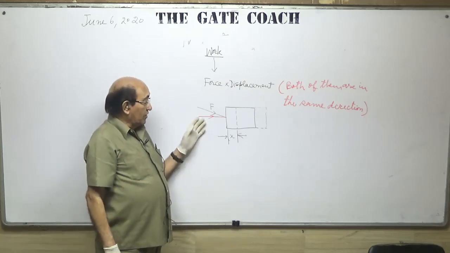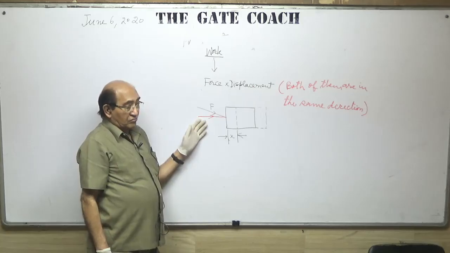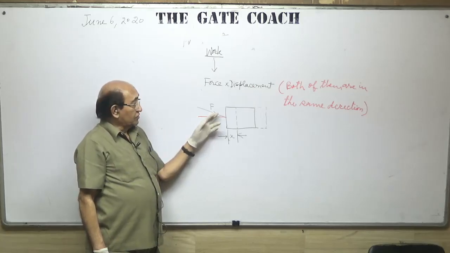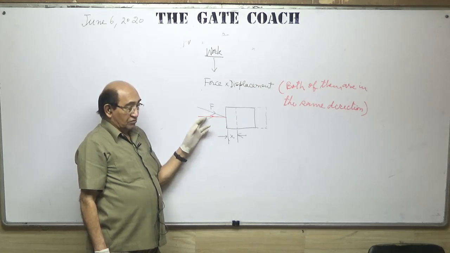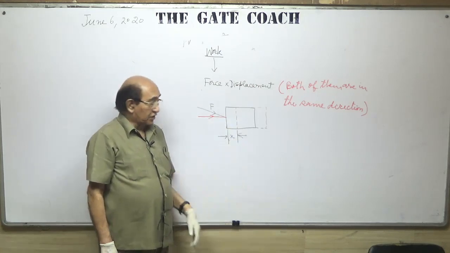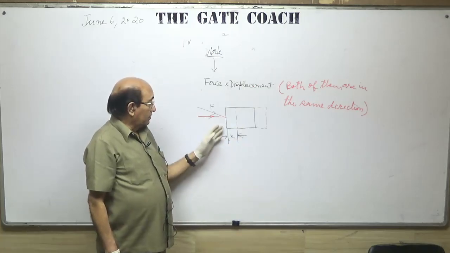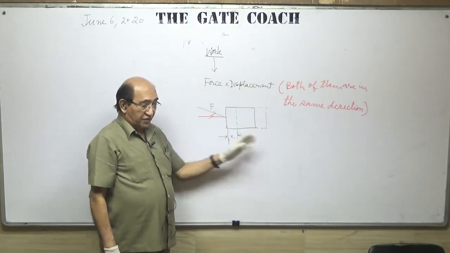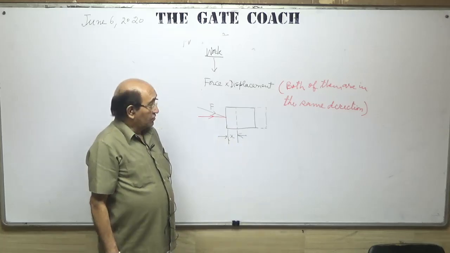It should become F cos theta. Since in the horizontal direction theta is 0, cos 0 is 1, it will become F into X. Then force and displacement, both of them happen to be in the same direction.